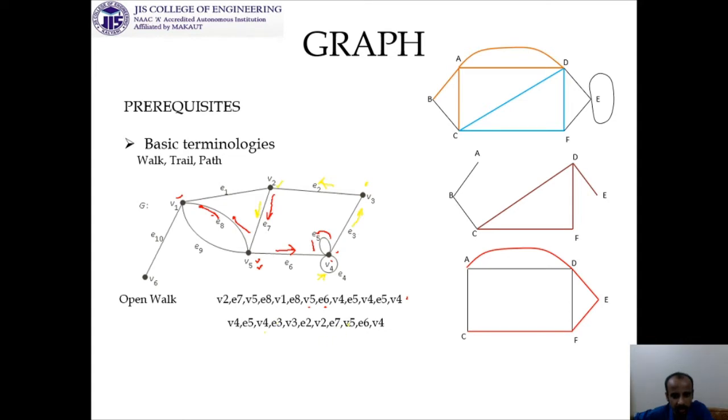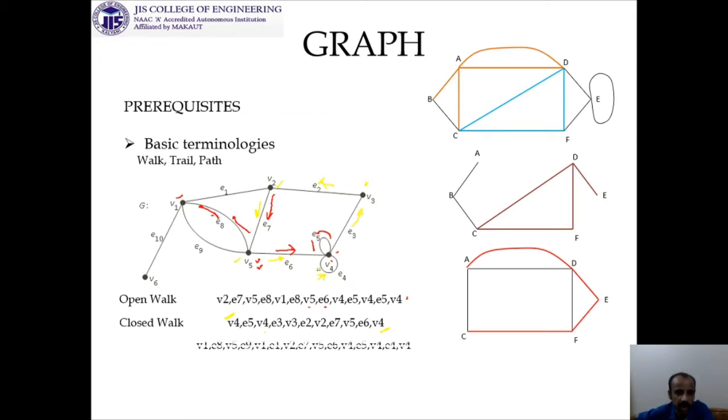After this E7, then V5 will obviously come, and then E6. This is our E6. So E6 is considered, and then V4. What you have observed is that in this particular sequence, we started from V4 and ended at V4. We maintained all the criteria of being the vertex-edge alternating sequence, and we can call it a closed walk because the starting vertex and the ending vertex are the same.